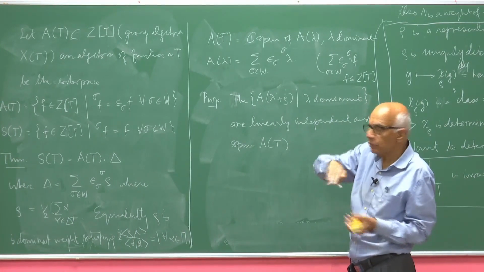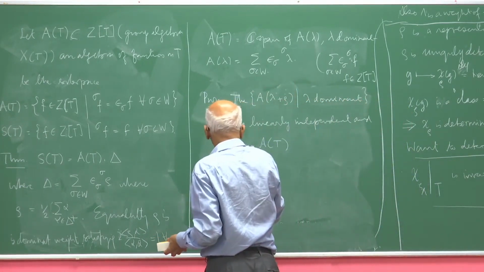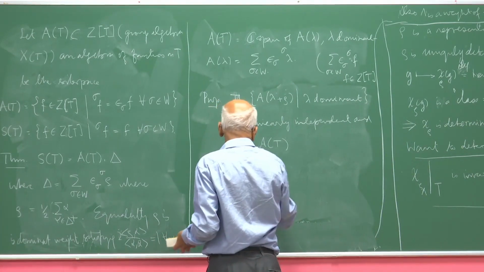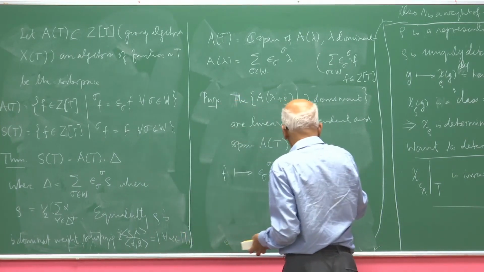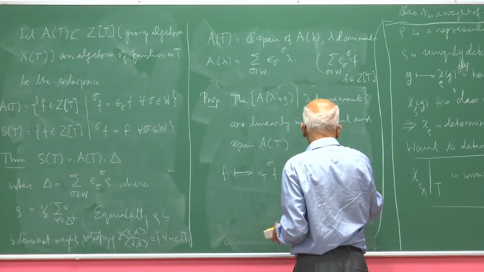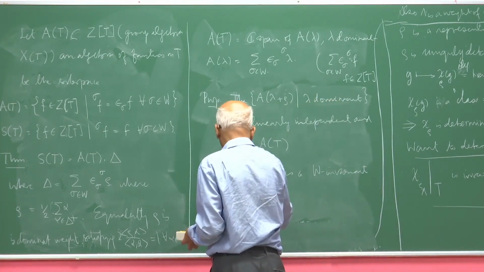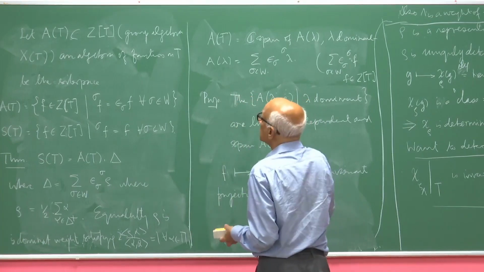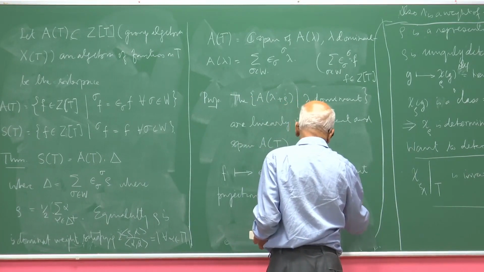Because of that, you find this mapping, which takes f to the sum of epsilon sigma times sigma f, is a W invariant projection of what I call ZT on AT.